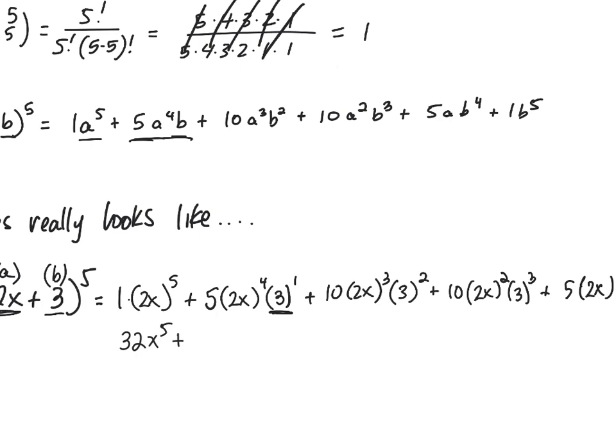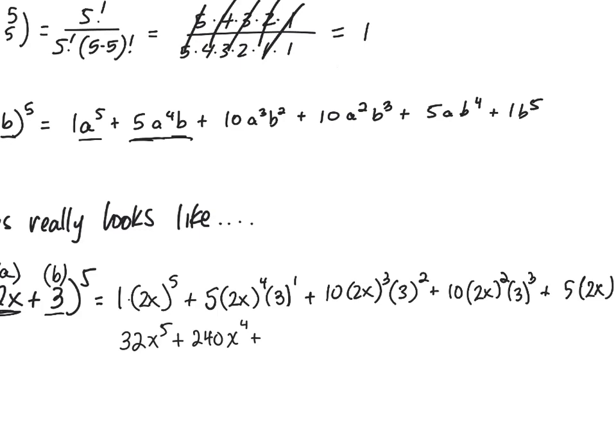So we have a lot of multiplication there to keep track of. So 2 to the 4th, like I said, is 16. 16 times 5 is 80. And then 80 times 3 is 240. So we have 240, and the variable is going to be right here, x to the 4th. Okay, now to this term, we are going to have 2 now raised to the 3rd power here, which is 8.